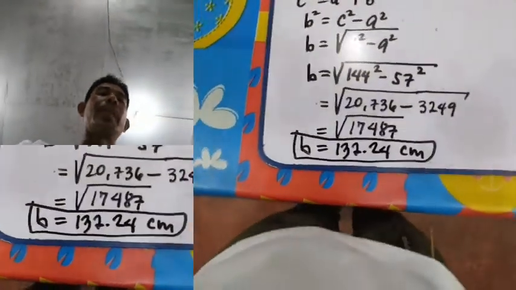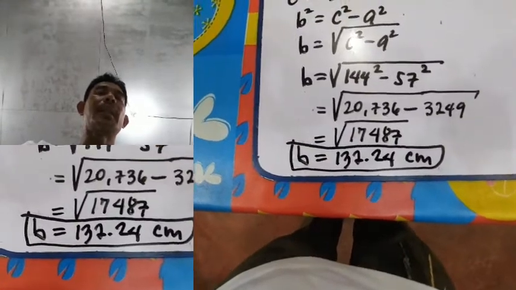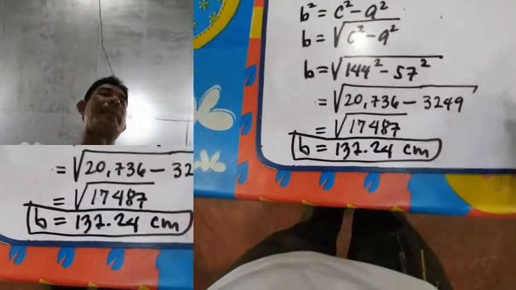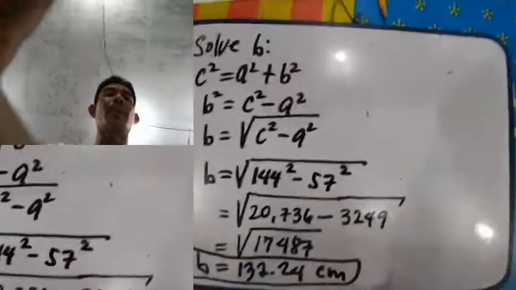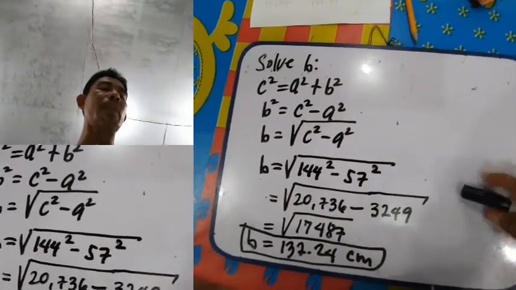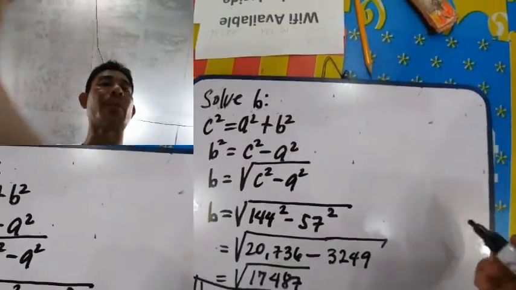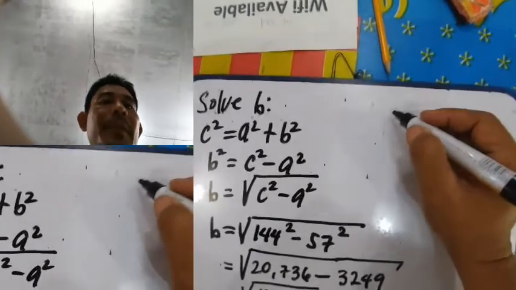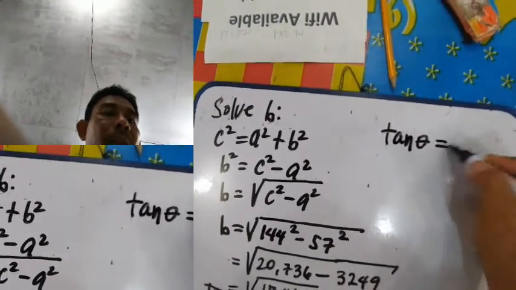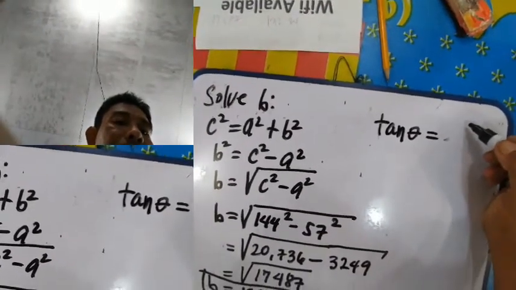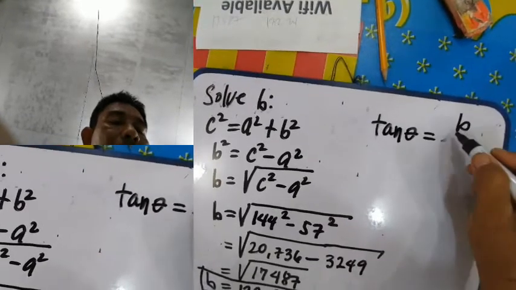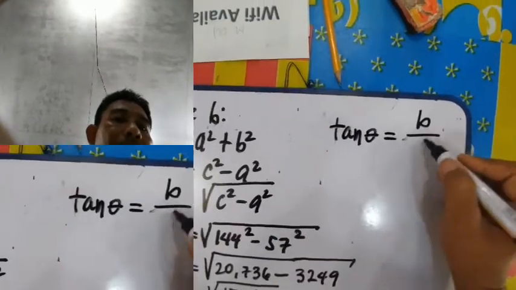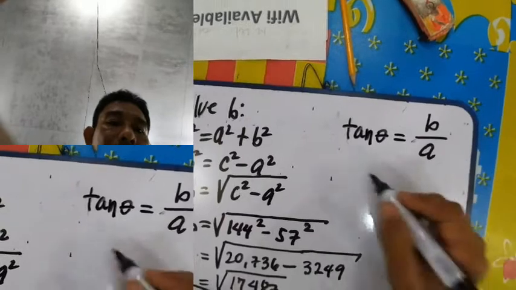It should be shorter than the length of the round bar. Next, we're going to find the angle formed by the round bar and the floor. Using the tangent function, tangent theta equals opposite over adjacent. B is our opposite and A is the adjacent.